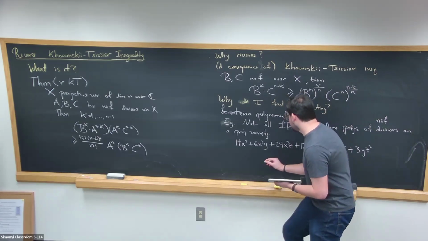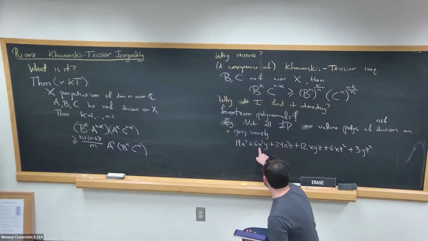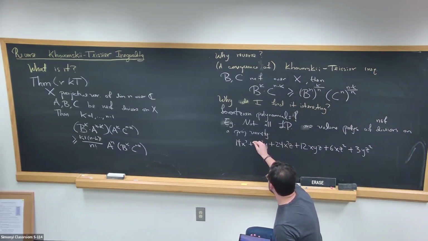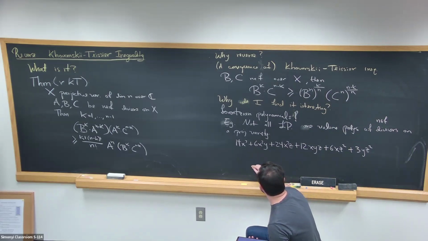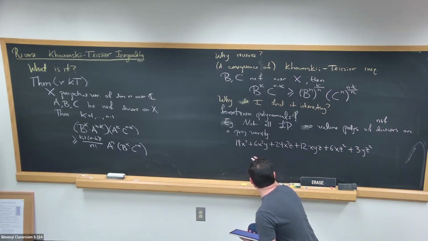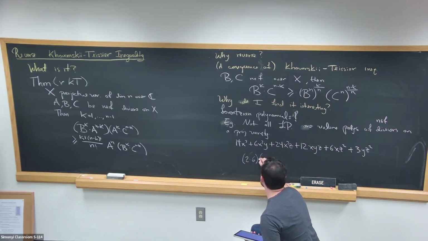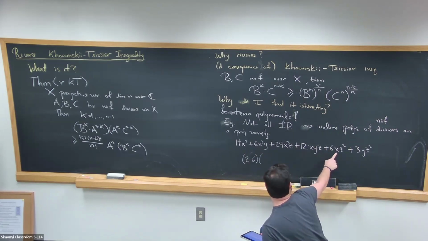So let me just write it down. What do I mean by normalized? I say that the coefficients are divided by some factorial. So this inequality in this case should be something like 2 factorial 6 times 2 factorial 6.